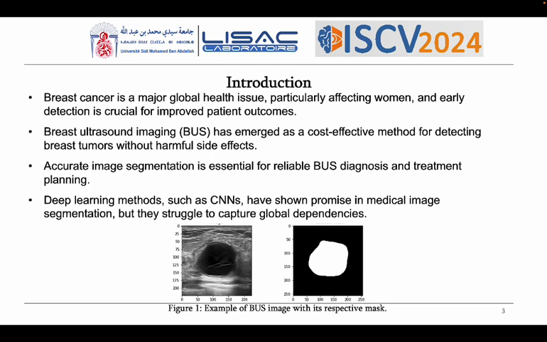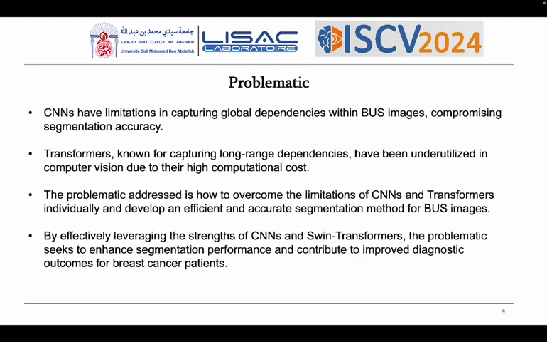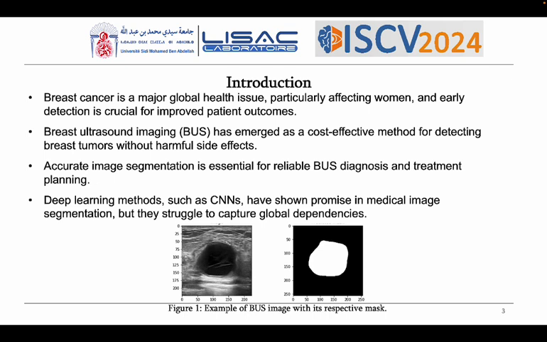In order to help radiologists perform this accurate image segmentation, we are going to develop automated systems to process the huge amounts of breast ultrasound imaging in hospitals, and we can achieve this goal by using deep learning methods such as CNNs, which have shown promise in medical image segmentation particularly, and in computer vision tasks in general.